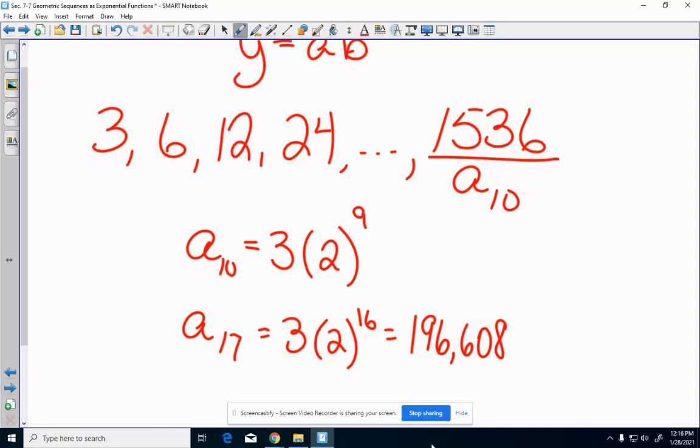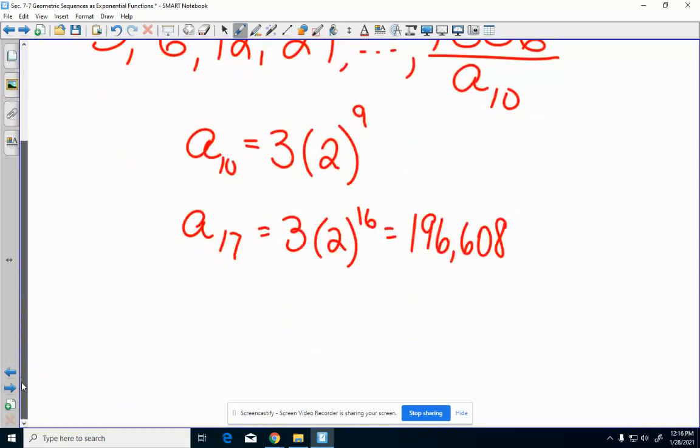Okay, so we did it with arithmetic sequences. It's a little bit different because there was no raising of a power in an arithmetic sequence, because remember, arithmetic sequences add and subtract. These multiply and divide, but the thought process is very similar. So that's the last thing we're going to do here: what if I don't want a specific spot, but I'm looking for any spot?